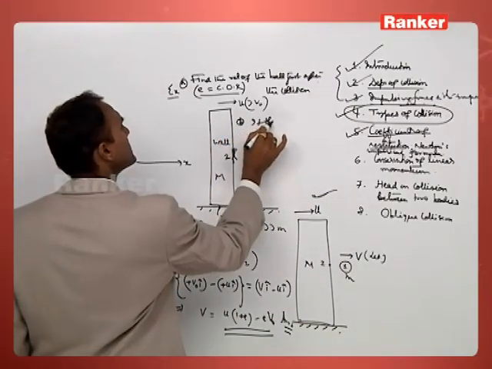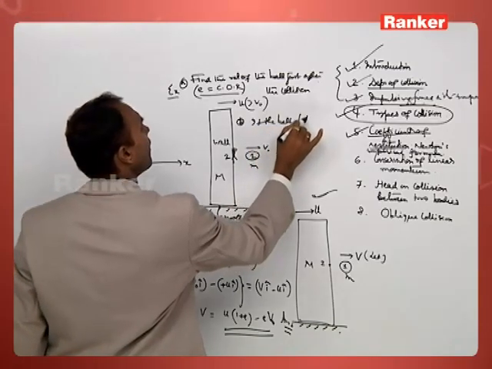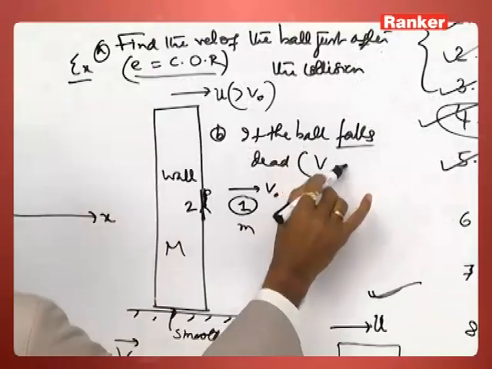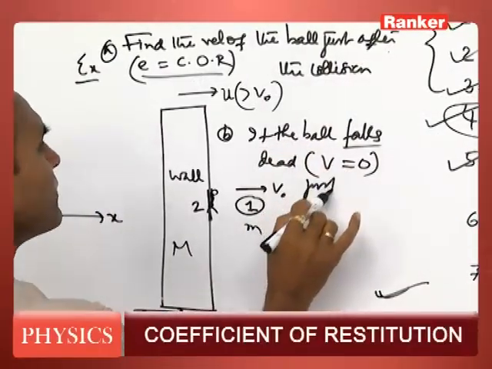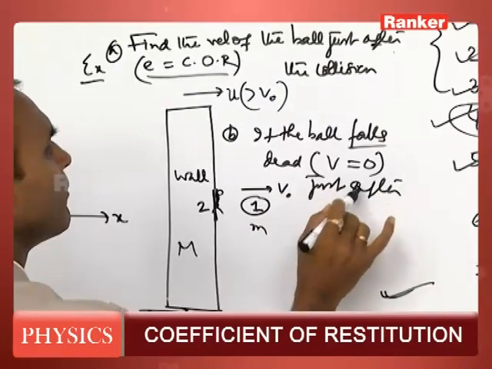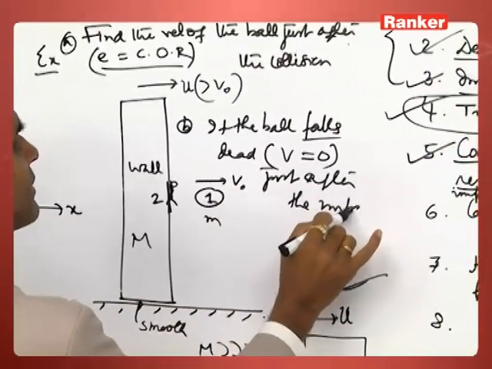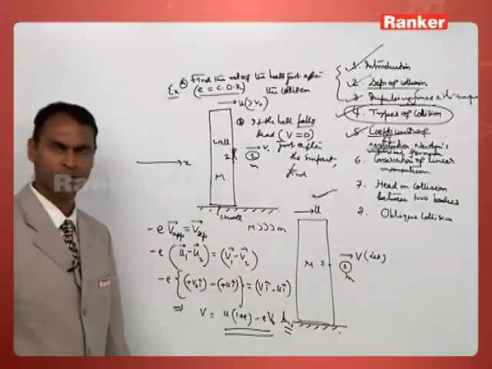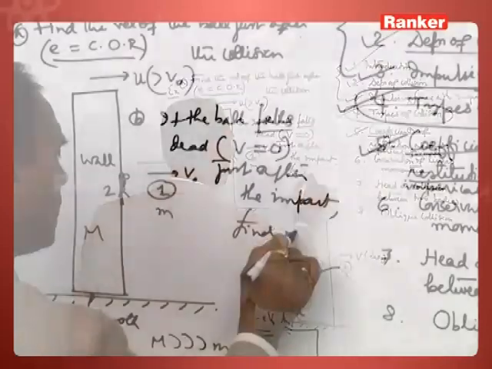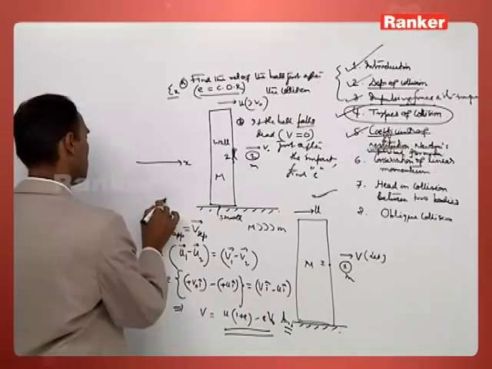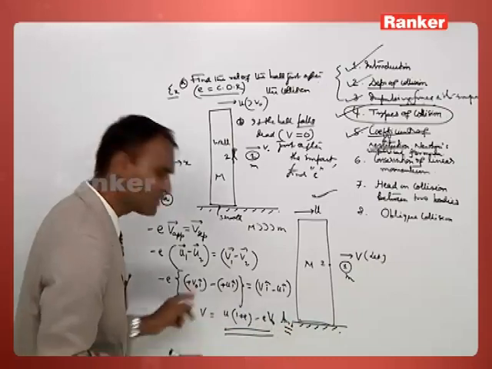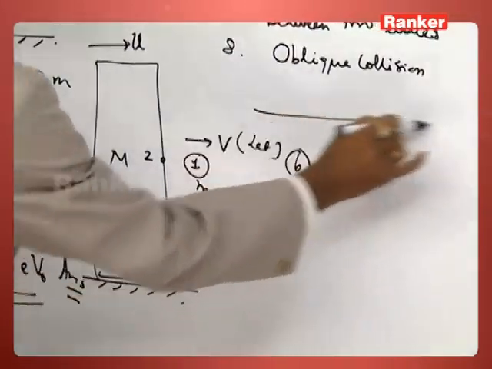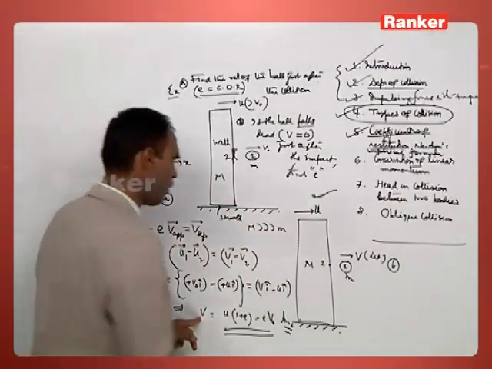If the ball falls dead, it means the velocity will be equal to 0 just after the collision or impact. Find the coefficient of restitution. We have to extend this step by putting v equal to 0.